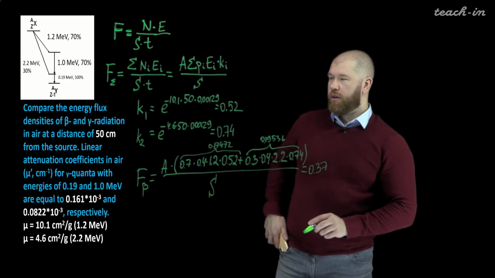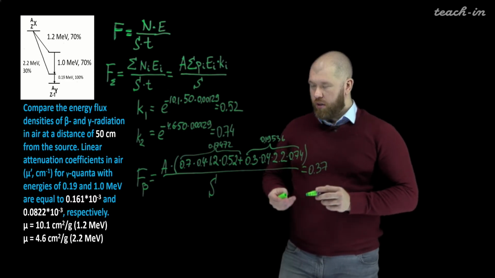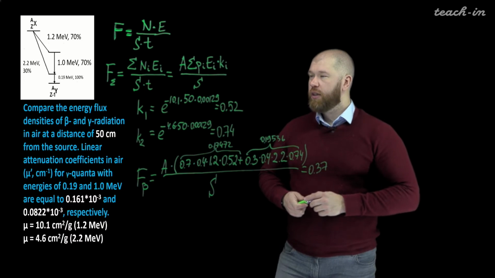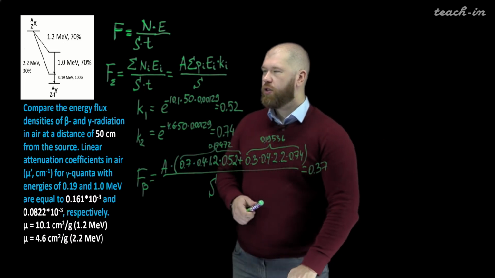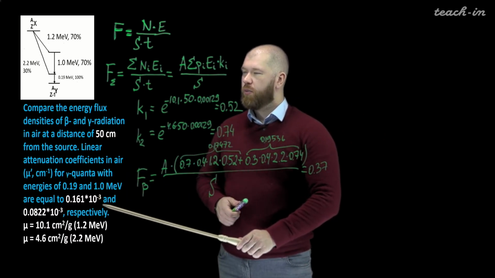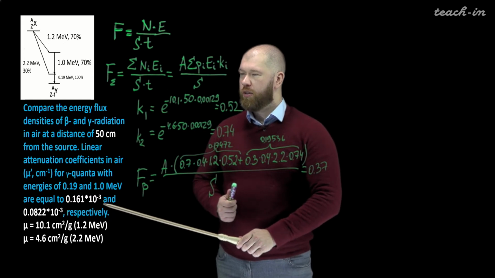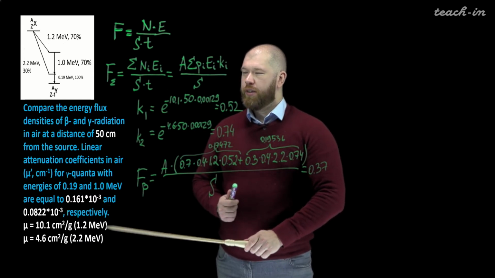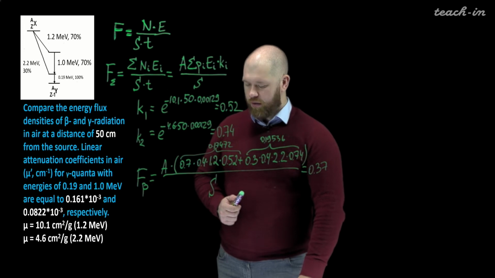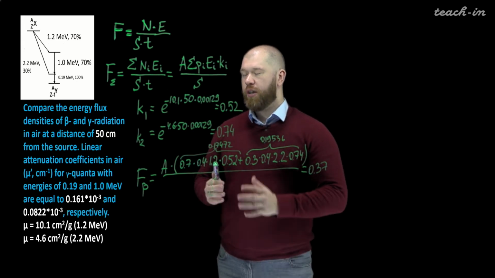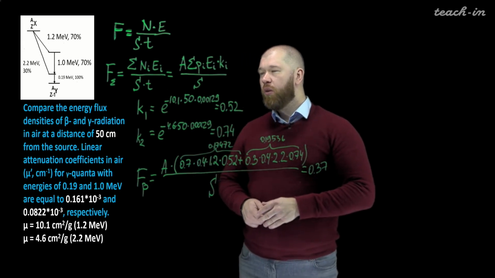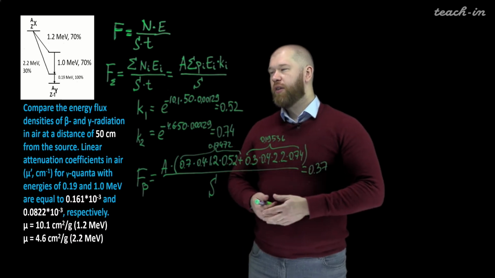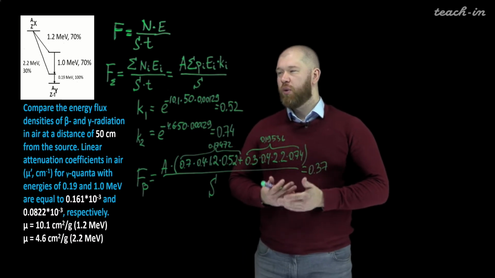What about gamma radiation? We see that the linear attenuation coefficient is very small for gamma radiation, and thus the absorption will be very small, and the attenuation factor will be close to 1.